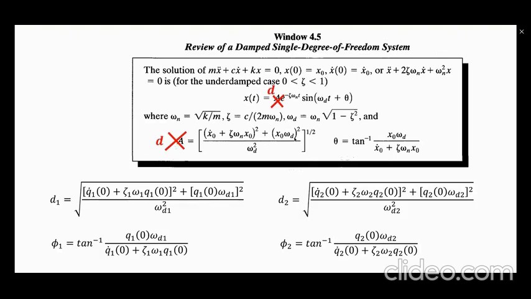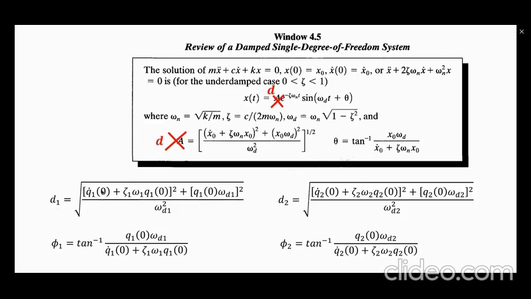Now, remember, the initial conditions will tell you what the little d and little theta is, or A and theta is. And in it, I have the initial displacement and initial velocity for each of the modes. So if you look down here, you have to write d and theta twice, once for the first equation. That's why for the first equation, I have q1 dot instead of x naught dot.